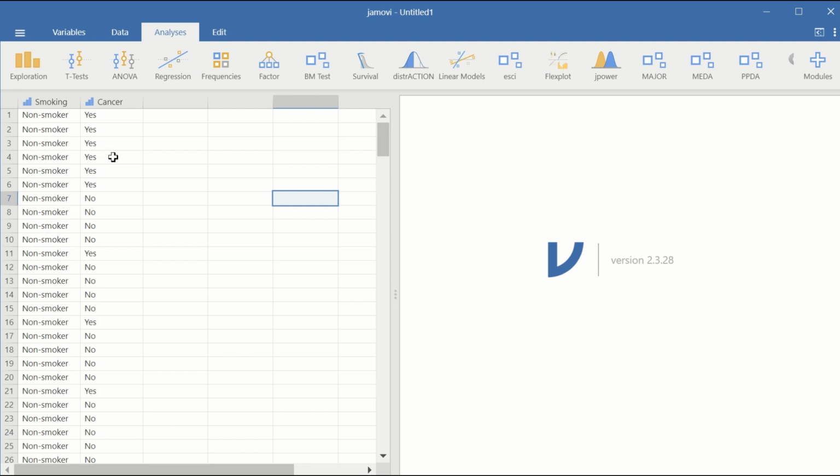The second variable, which is cancer, is binary or binomial because it has only two levels in it, either yes or no, whether they have cancer or no cancer. So here we have an outcome which is binary, cancer, and a predictor which is multinomial, which is smoking.